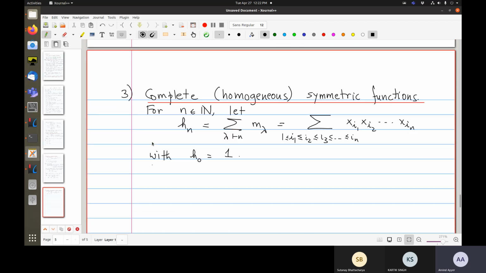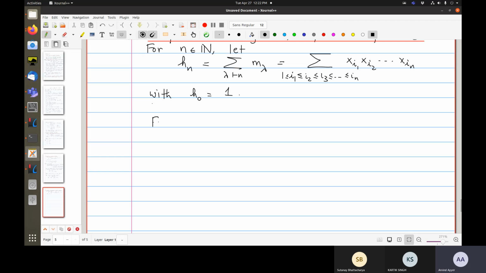So for lambda equals lambda 1, lambda 2, up to lambda k, let h lambda, now it's indexed by a partition, be h lambda 1, h lambda 2, product up to h lambda k.